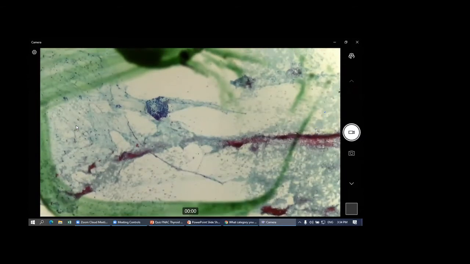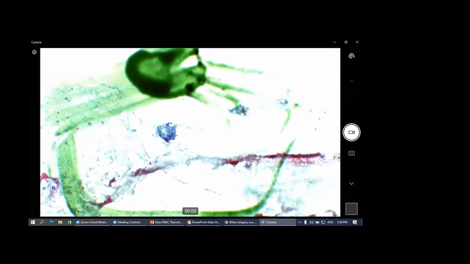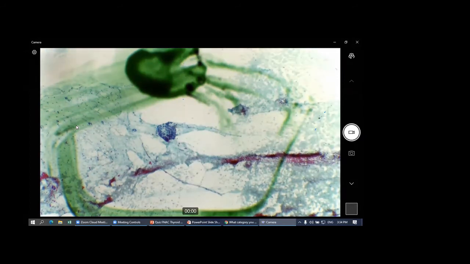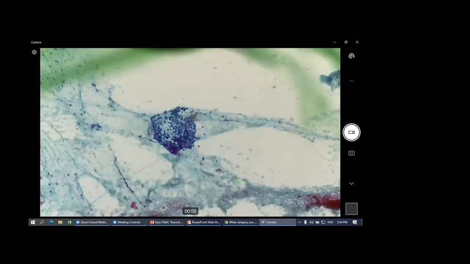So there's not much colloid again. Okay, basically just thin colloid. There's quite a number of follicles. Majority are microfollicles.